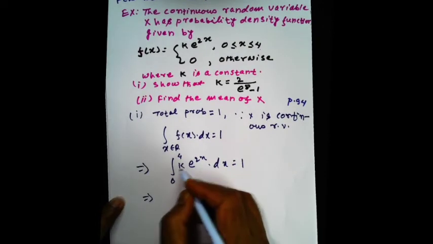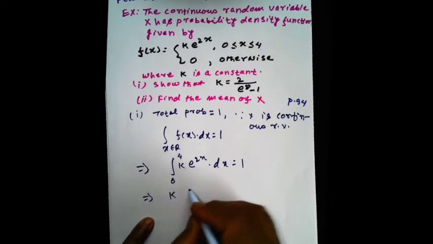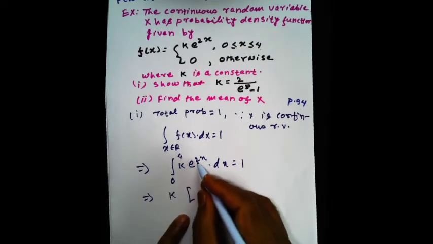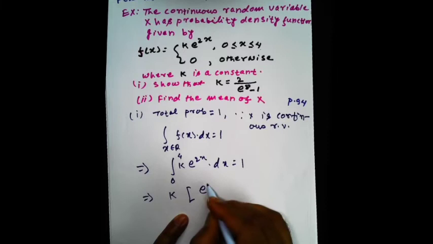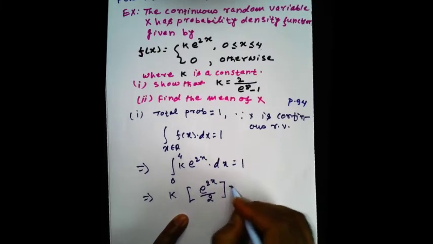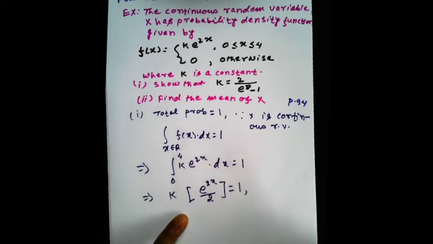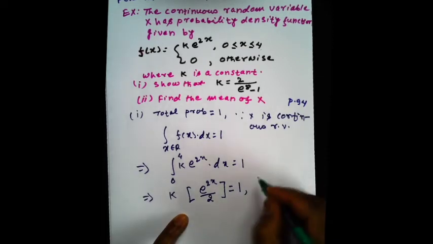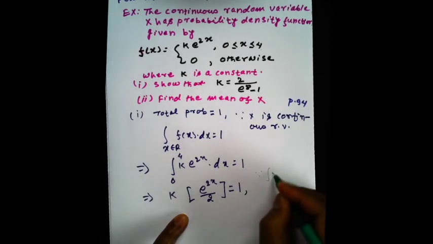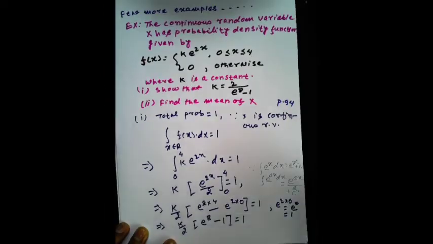Then k is a constant, so we keep it outside, and the integration of e to the power 2x is e to the power 2x over 2, and this equals 1.